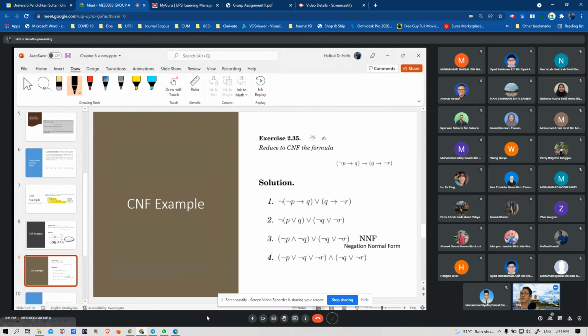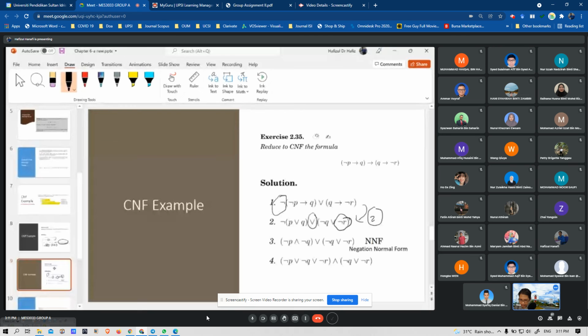Another example is like this. We have negate (P implies Q) implies (Q implies negate R). Reduce the formula by using De Morgan's law and negation normal form. We put the negation here, negate (P or Q), and then we have or here negate Q or negate R, and then we get the negation normal form, NNF.